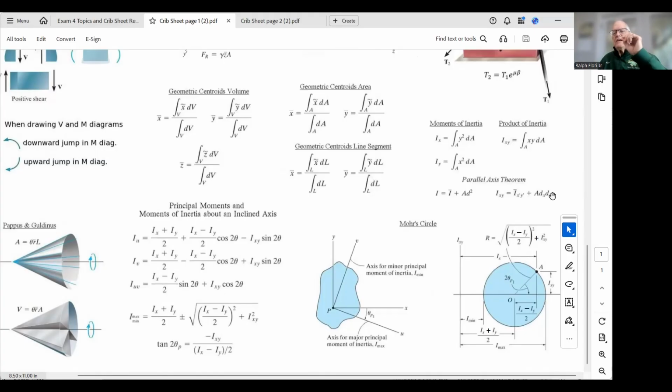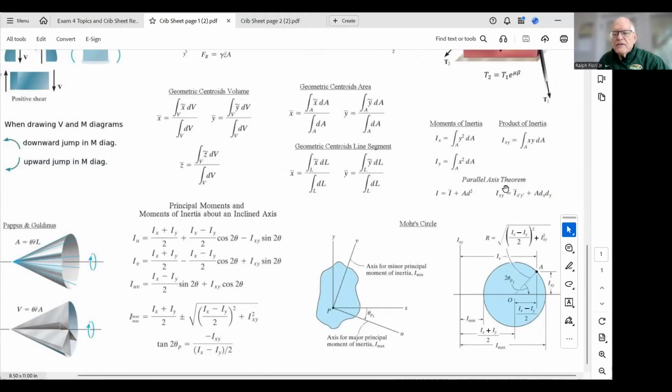And dx is the distance from the y-axis to the y prime centroidal axis. It can be positive or negative. And dy is the distance from the x-axis up to the x prime axis of the area, and that could be positive or negative.